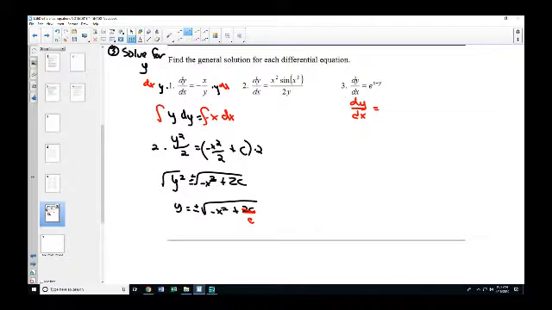You divide. So what would the rewrite be? e to the x over e to the y. And then subtract. Ooh, that's ugly. Okay, so that's the rewrite there. Now separate. Separate on your paper, and then we check.